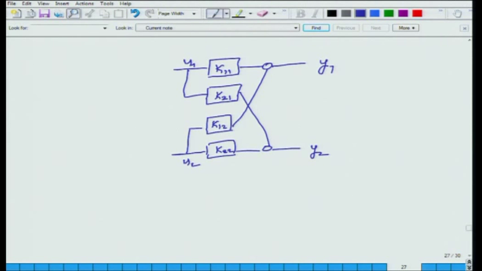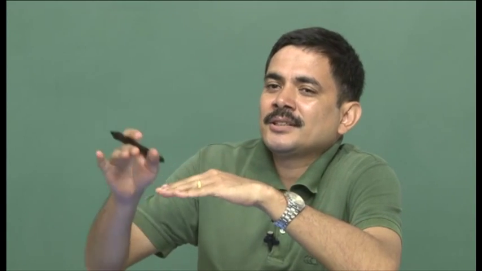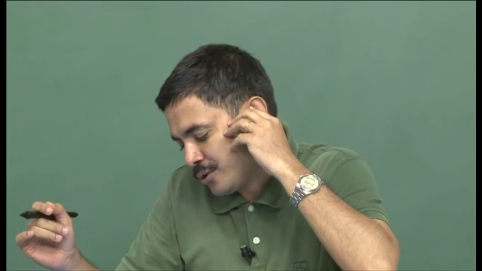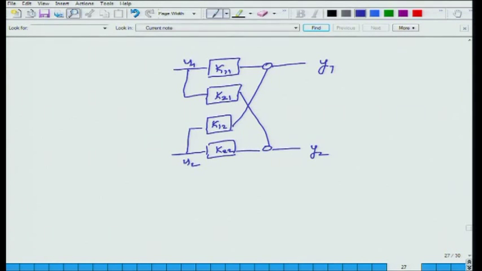As an operator, I look at y1, and I see it is not at set point, so I keep adjusting u1 until it goes to set point. Once y1 has gone to set point, then I look at y2 and see it is not at set point, then I keep adjusting u2 until y2 is at set point.